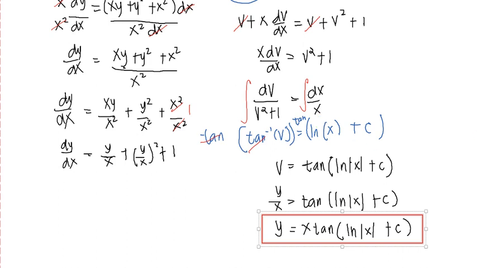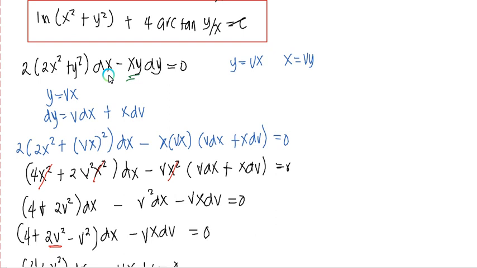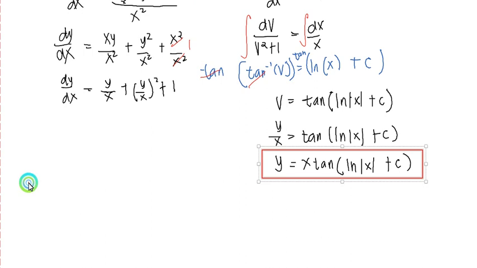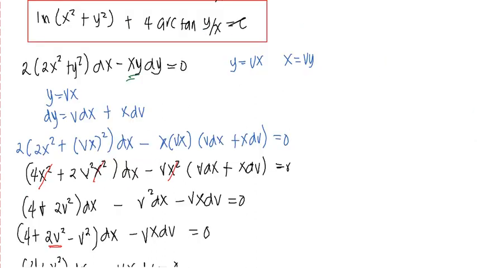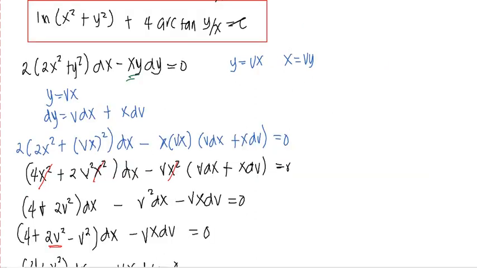Okay, subong pakita tayo kung para ma-compare ninyo, gamitan naton sang same nga process ang aton nga ginsuma sa previous nga example, which is this one. 2 times 2x squared plus y squared dx minus xy dy is equal to 0.